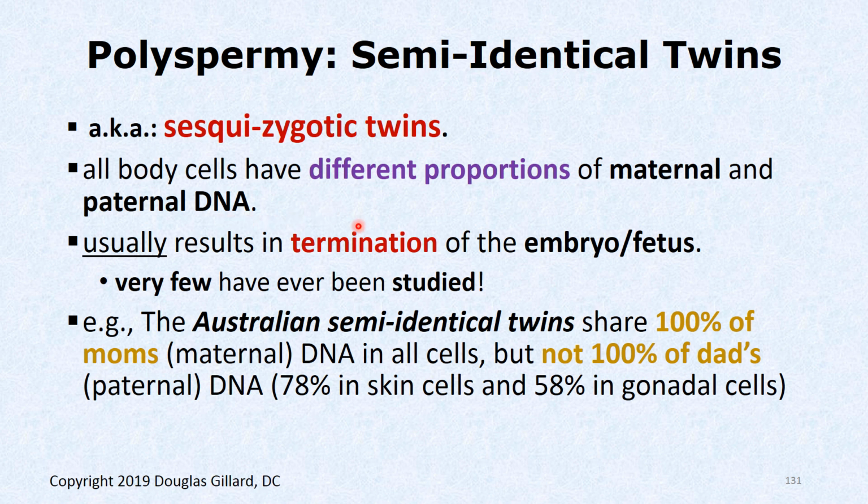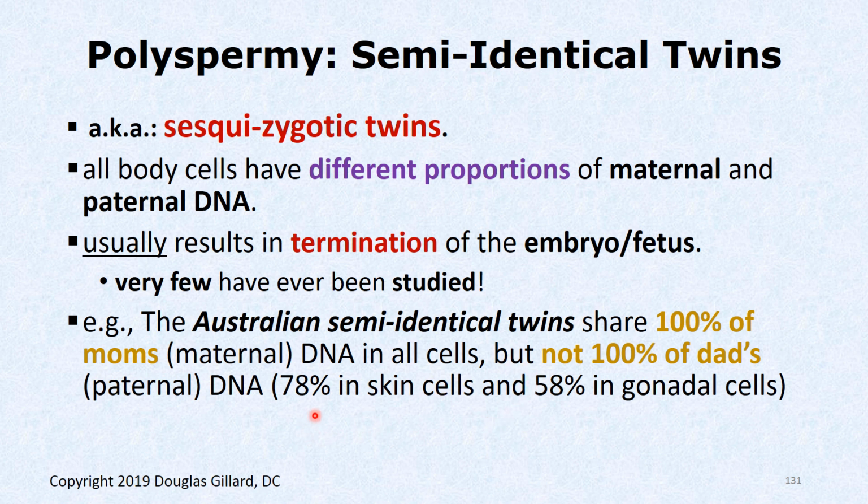So really weird. Usually, as I said, it results in termination of the embryo or fetus; it doesn't make it. A couple have been studied. There's an Australian semi-identical twin, and based on their genetic testing, 100% of mom's DNA is in all of the cells, but not so with the dads. The two dads both contributed different amounts of DNA to the cells.